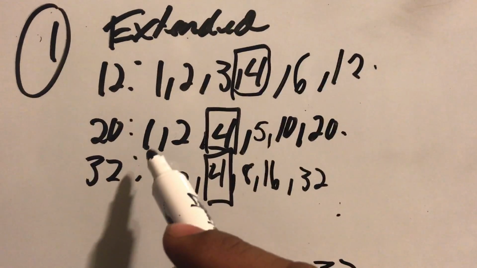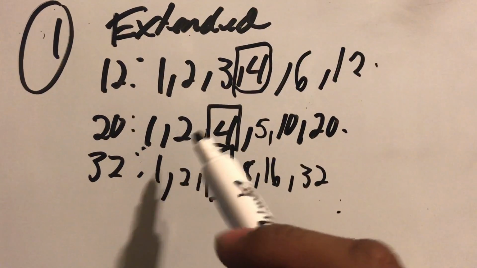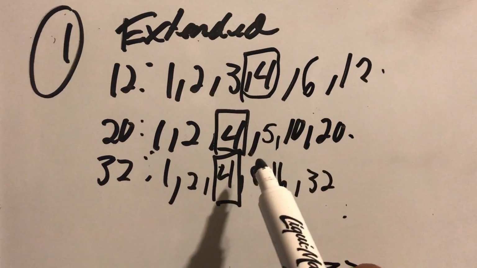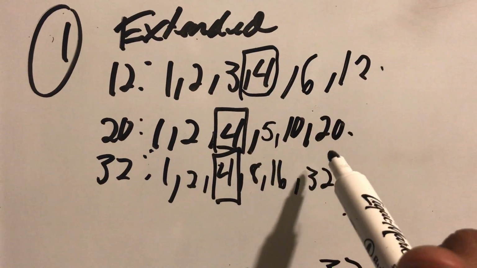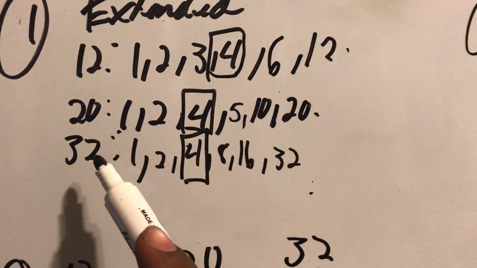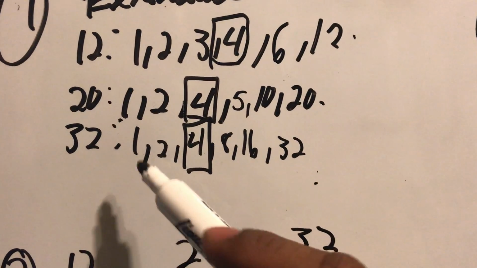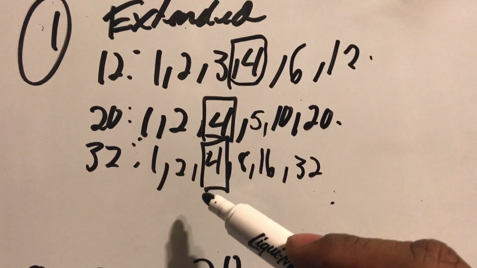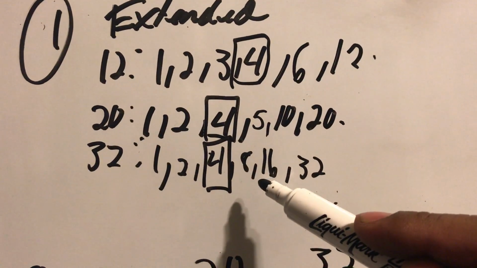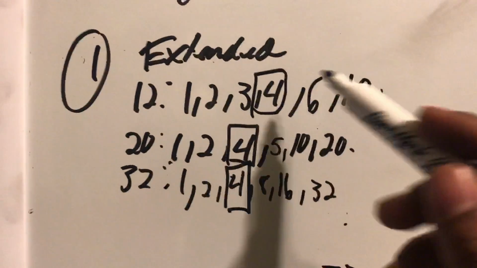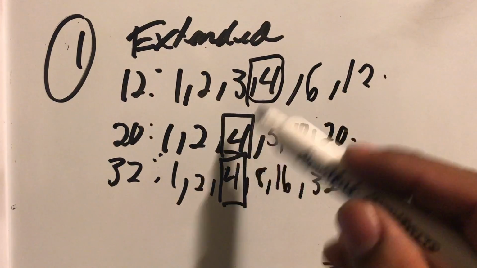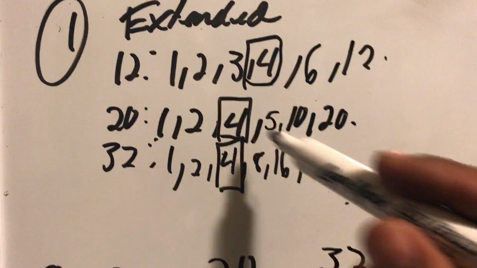For 20, it's 1, 2, 4, 5, 10, and 20. For 32, it's 1, 2, 4, 8, 16, and 32. So the greatest common factor is 4, and I boxed it up for you.